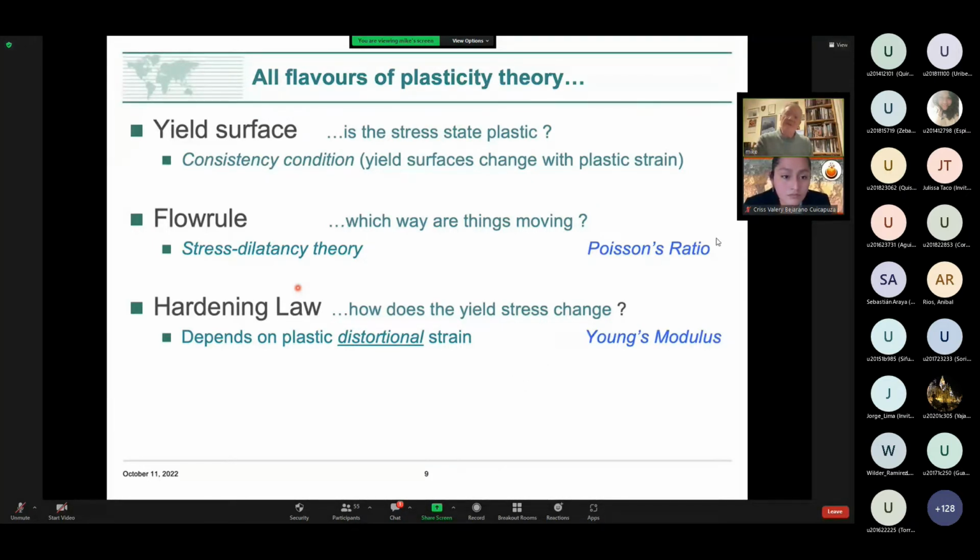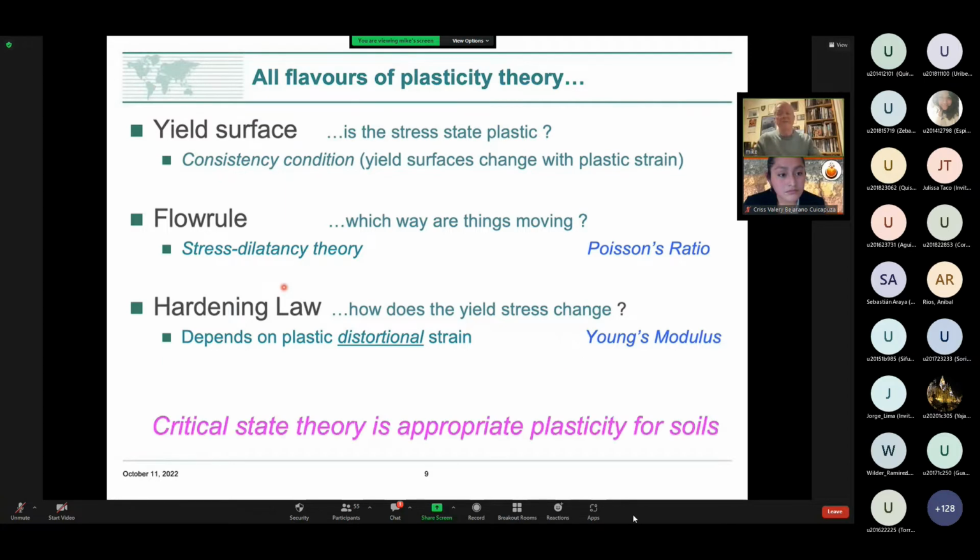And we have the hardening law, which tells you that as you accumulate plastic strain, the yield surface changes size. The equations and rules of how the yield surface changes size are called the hardening law, and broadly you can think of that as Young's modulus. So in plasticity theory we have different words, but the same ideas you're familiar with from elasticity that you learnt at university.